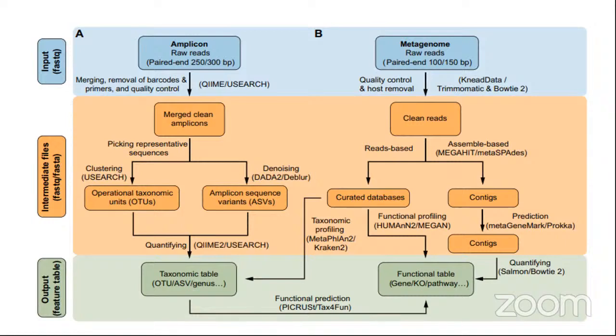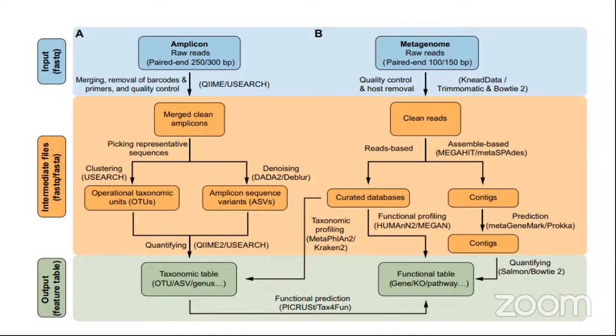still you have to go for quality control and removal of the host genetic material. Which is done with different software like Bowtie 2 and Trimmomatic, and there are other software too. Once you have a clean read, you can go for a curated database search, or identifying a novel gene from your contigs.